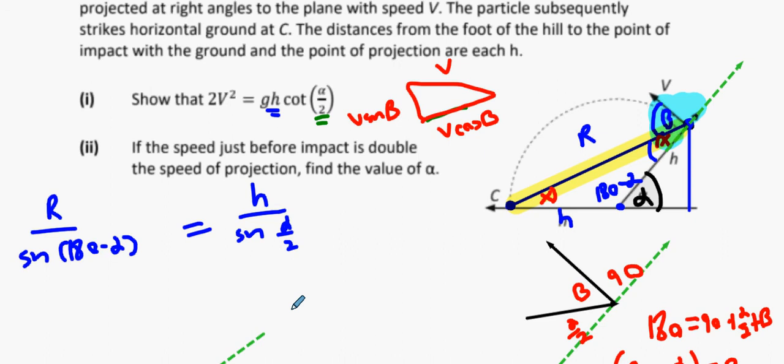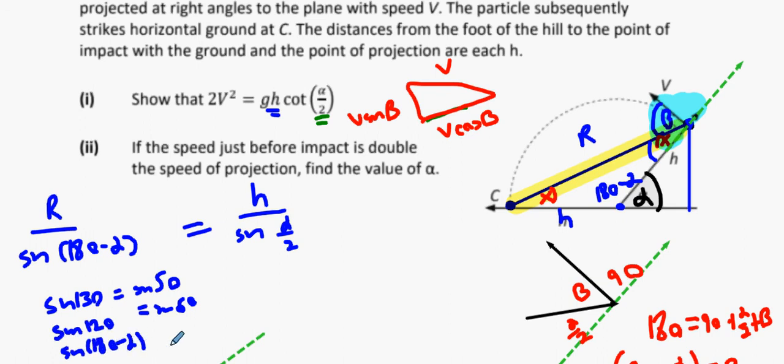Now, I think our next big trick is sine 180 minus alpha is actually the same thing as sine alpha. So an example is sine 130 degrees equals sine 50, because they're the same. 180 minus an angle is the same as the original angle. So same thing as sine 120 equals sine 60. So sine 180 take away alpha equals sine alpha.